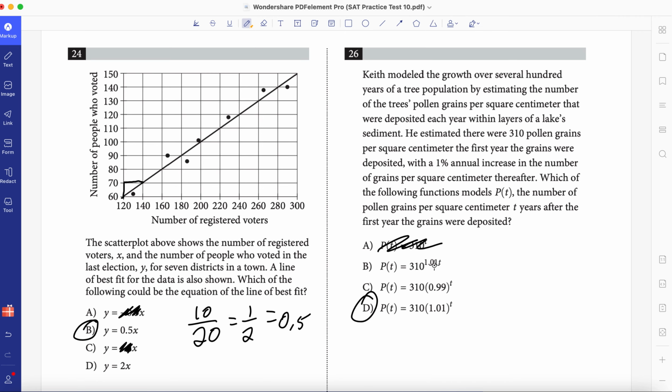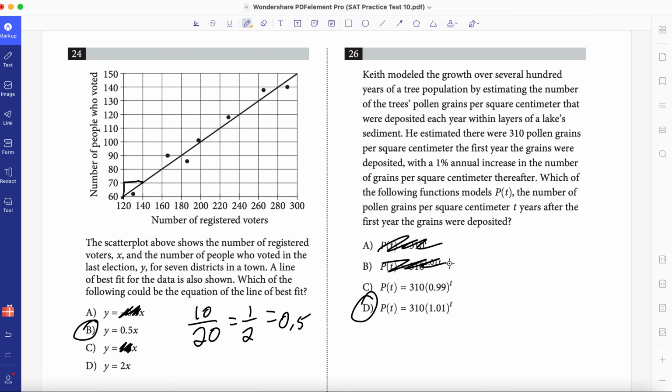This has the 1.01, but you don't put that 1.01 into the exponent. You put that over here, which would just be D, and then this is not 0.99. This is 1.01 because this is a 1% decrease.